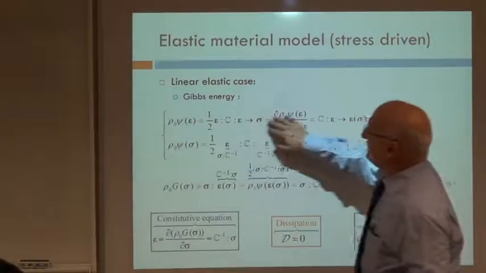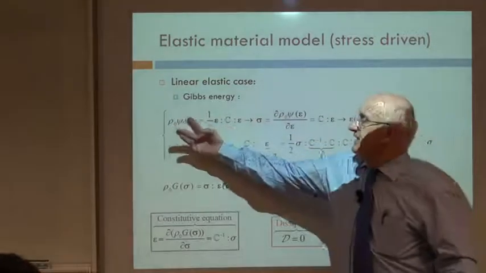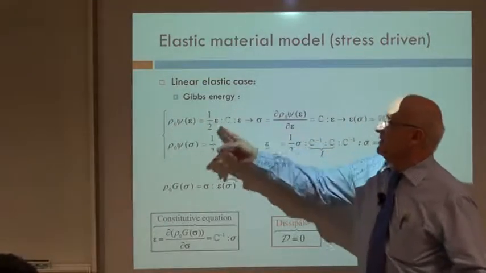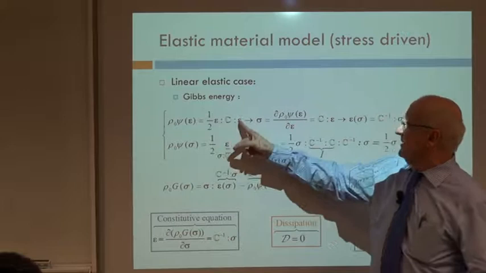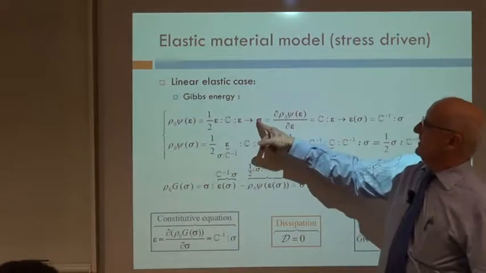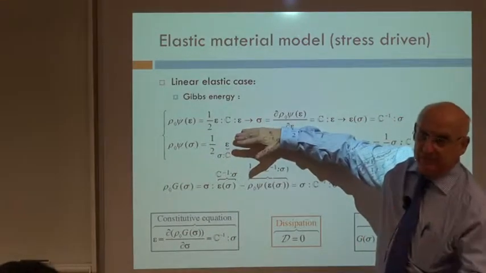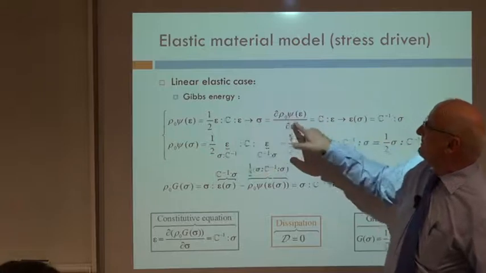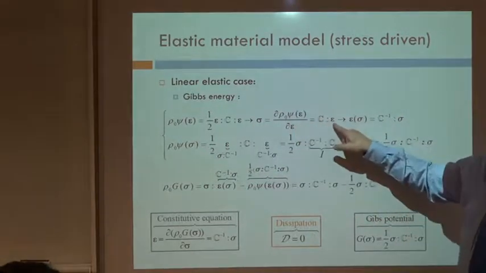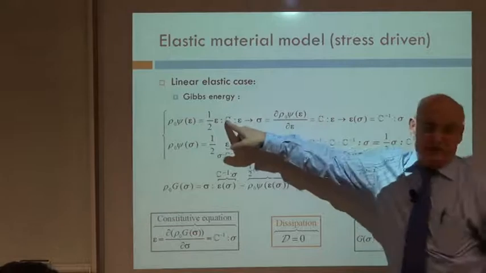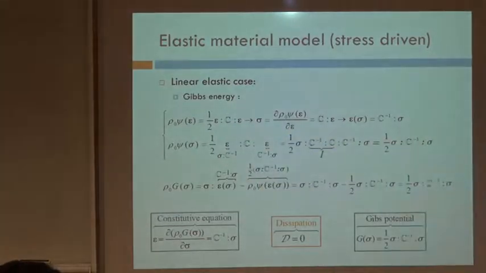So imagine that we had a material in which the free energy is, for an elastic material, a quadratic form of the strains. So that the stresses, that comes from the strain-driven model, the stresses as the derivative of the free energy with respect to strain, are proportional to the strains through C being the elastic constitutive tensor, that in general depends on two parameters, as we saw.